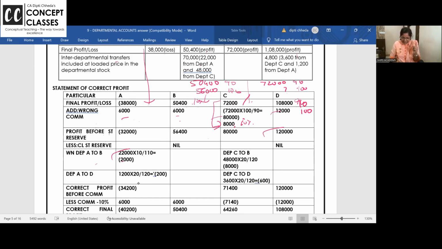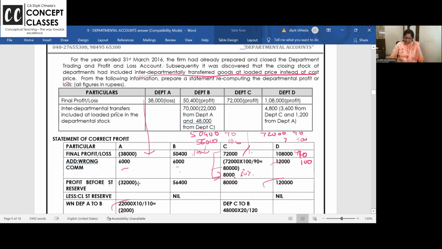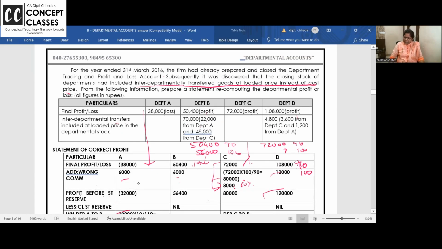In that 10 is the loading, I would reverse. Reverse the loading means reduce the stock in the form of stock reserve or profit कम हो जाएगा. Are you getting? A has sent to B. तो B के stock में ज़्यादा है, but stock reserve or loading is always to be done in the transferor department. ठीक है?